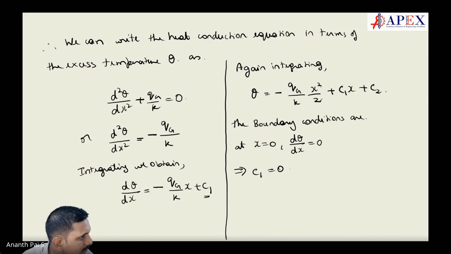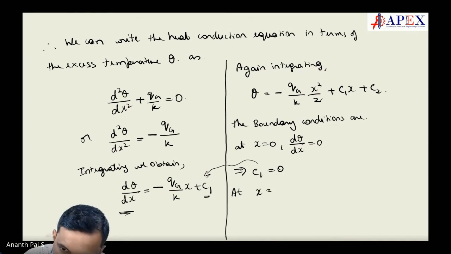Correct? d theta by dx is equal to 0 means C1 is equal to 0. Right? Clear?